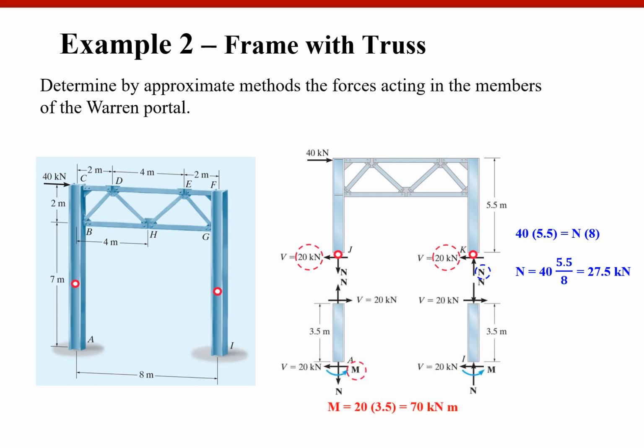After finding the column force, you are going to calculate your base moment, which is 20 times 3.5, which is 70. So this kind of problem can show up in the FE exam or in the final exam, because it's very simple. 20 times half height of the column will give you 70 kilonewton meter. So it's pretty much simple enough to be shown in the FE exam.